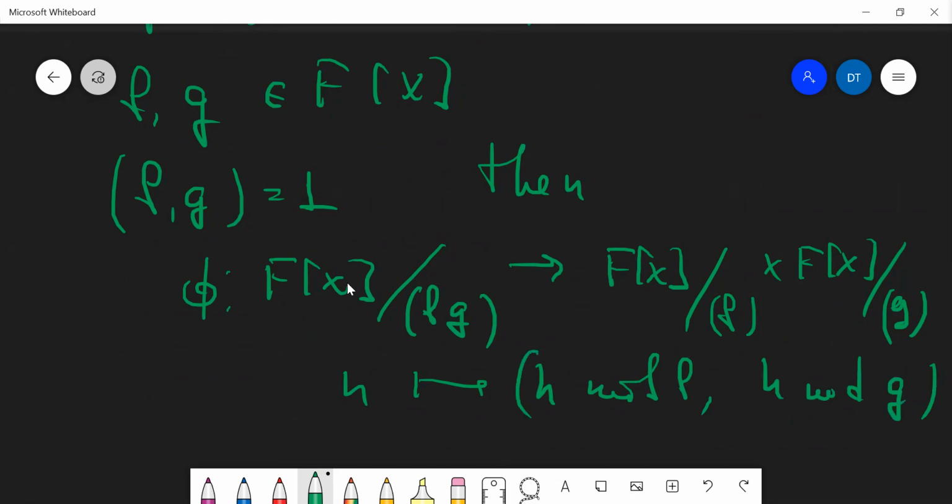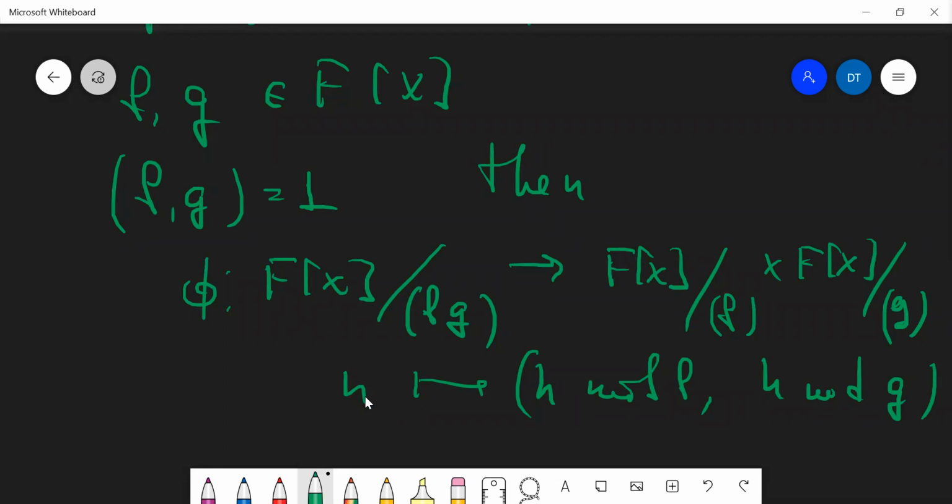So you see here we have three different rings. First of all, the ring of remainders modular f times g, the ring of remainders modular f, and the ring of remainders modular g. And here we take the direct product of these two rings. So this is the ring of pairs, like this. And I define a map which takes a remainder here, which is a polynomial h of degree strictly smaller than the degree of this product.